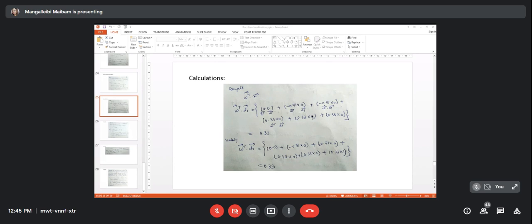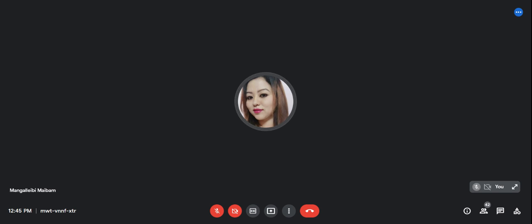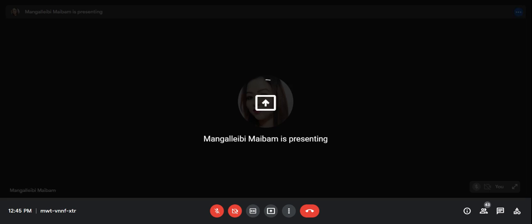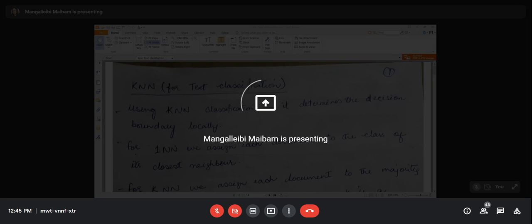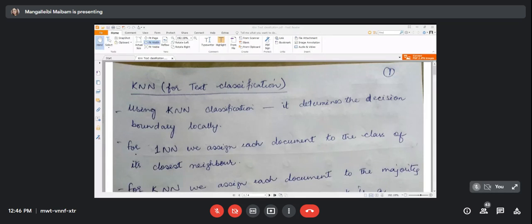And our next classification is KNN, which you have already come across in your machine learning. So this is KNN for text classification. The application of this algorithm is different, but the concept remains the same.